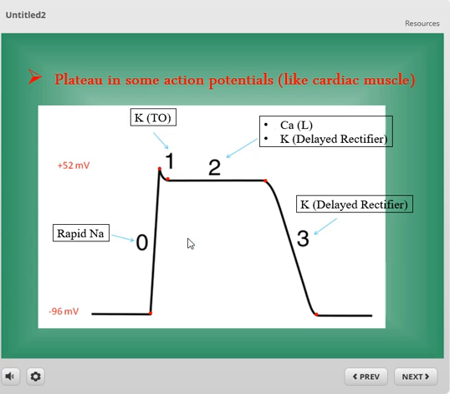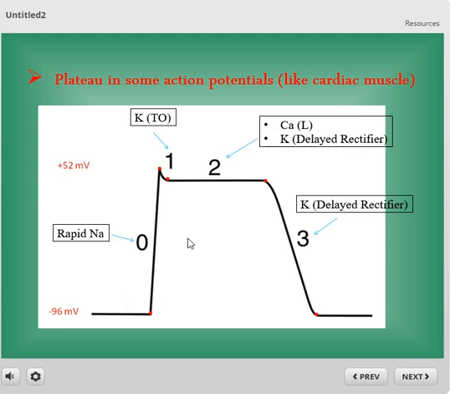You must know that the shape of the action potential in the different cells of the body is different. For example, as you see, this picture shows the action potential shape in the cardiac muscle. In the cardiac muscle, the action potential has 4 steps.